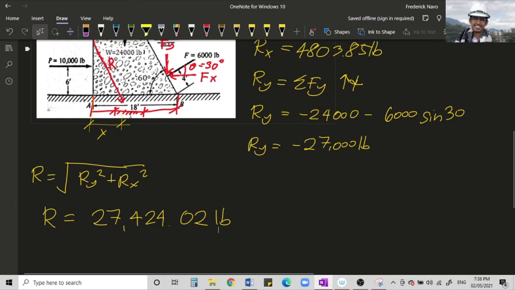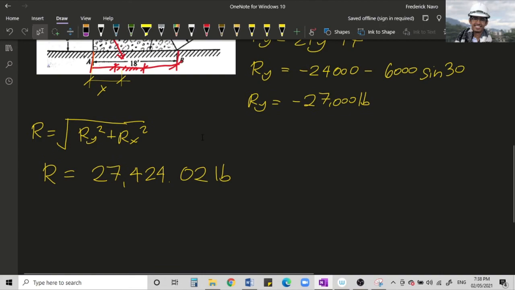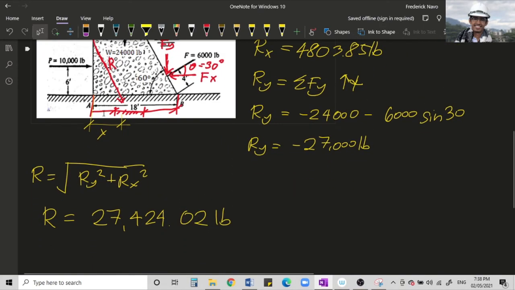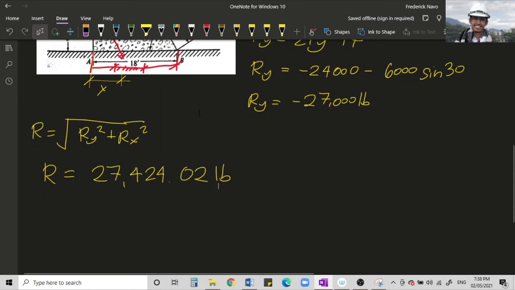Okay? So, if it falls in the middle third, it means it is a good design. Okay? So, to get x, we need to take moments at point A. So, i-moment natin yung resultant at point A. Tama? So, actually, magkakaroon tayo ng Rx and Ry. So, i-drawing ko yung base niya, no, para maintindihan nyo. Okay.